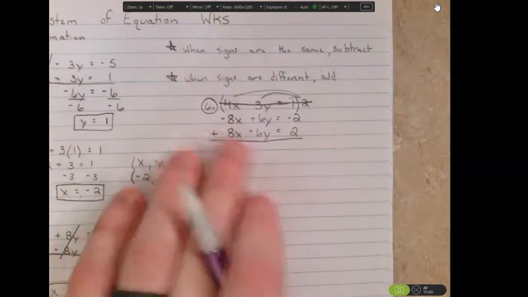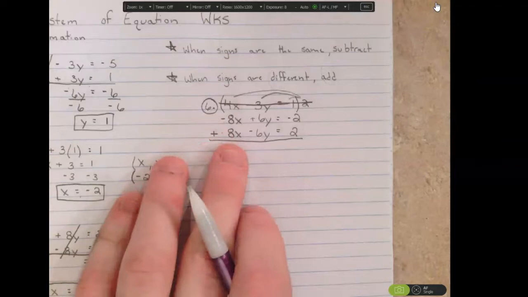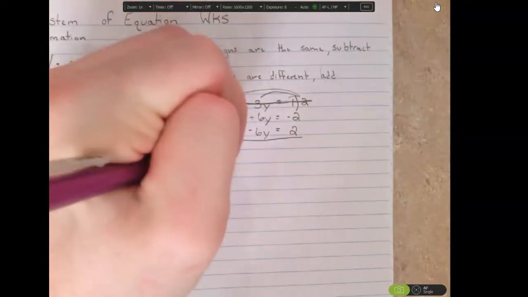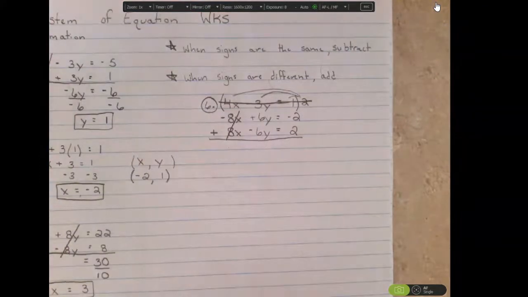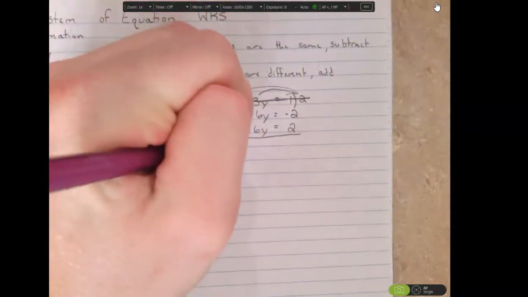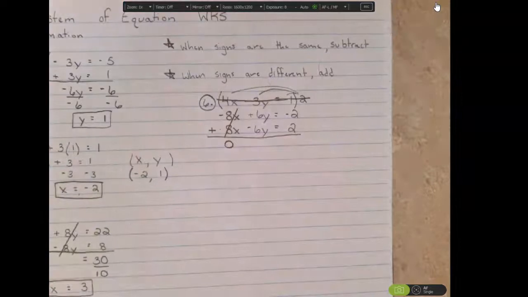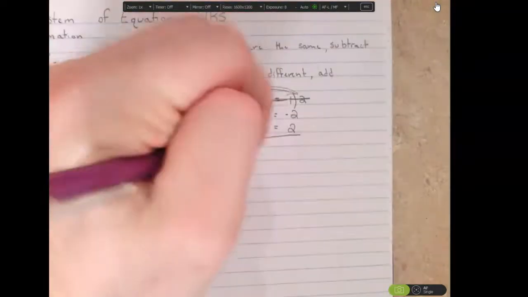So if I do now negative 8 plus 8, I'm going to get 0. So these cancel. You can even show that. 0. If it helps to write the 0, write 0 in. Now if I do 6 plus negative 6, I also get 0.